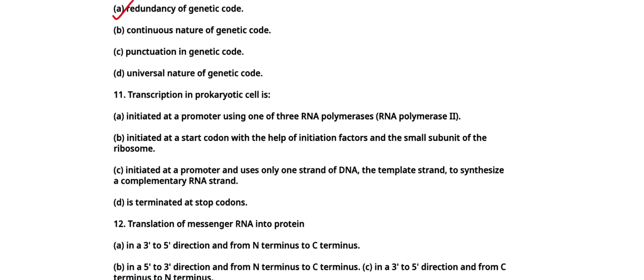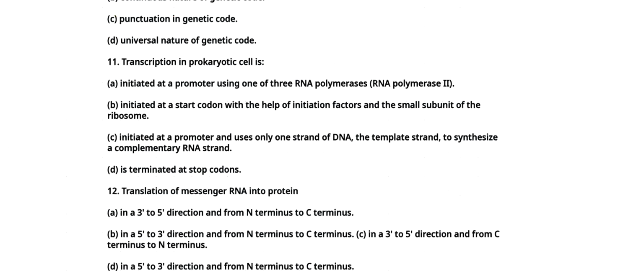11th question is transcription in prokaryotic cell is initiated at a promoter using one of three RNA polymerases, that is RNA polymerase 2; initiated at a start codon with the help of initiation factor and the small subunit of the ribosome; initiated at a promoter and uses only one strand of DNA, the template strand, to synthesize a complementary RNA strand; and D is terminated at a stop codon.